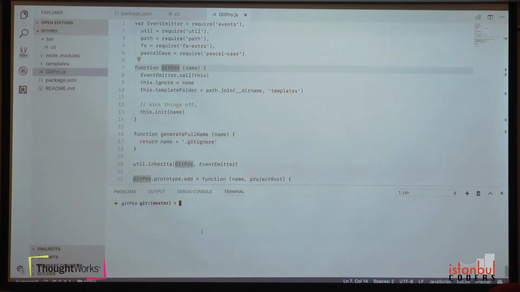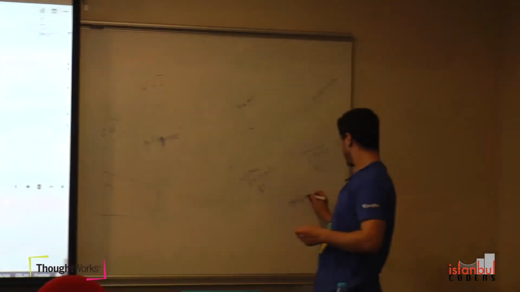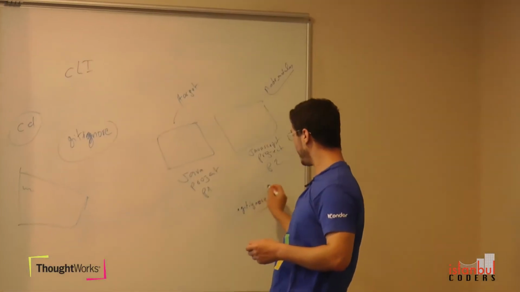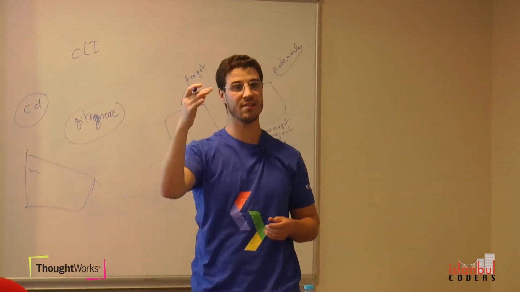It's like the CV name. If, for example, I use the command git pro and I use the JS word, you can notice here a file named .gitignore. A file named .gitignore will be created automatically with all the content inside of it.